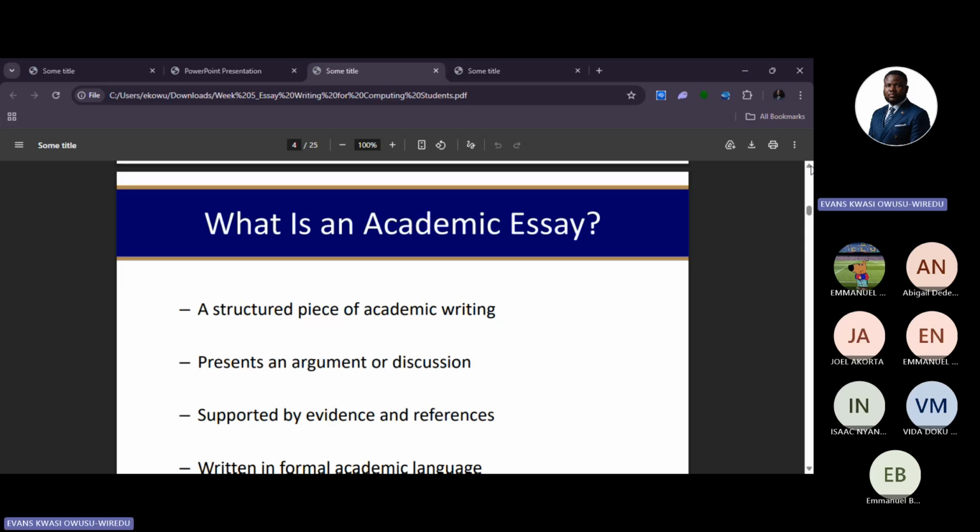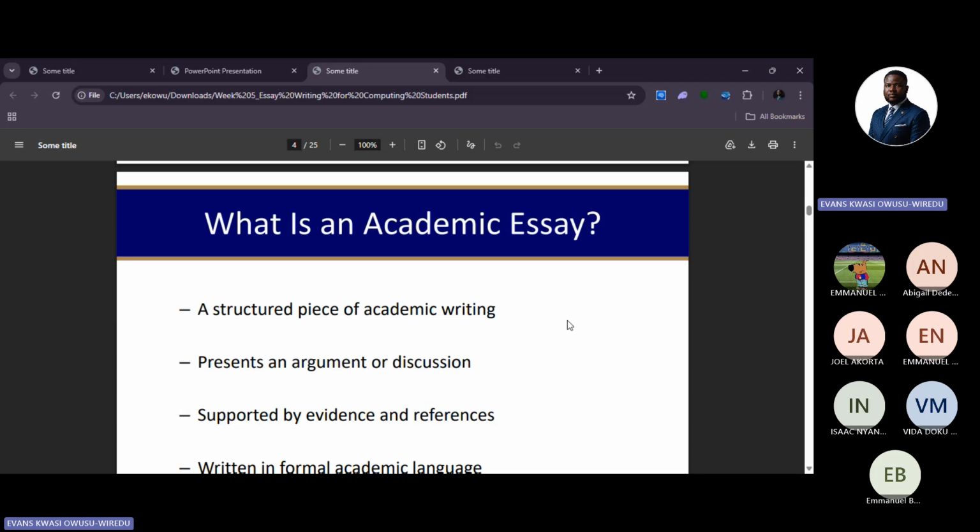And it also presents an argument or a discussion. It is that piece that presents the argument of what has been researched or what has been analyzed, right? It presents arguments, something that someone has decided on, or a topic for us all to discuss. You get it? And this is what we mean by essay.